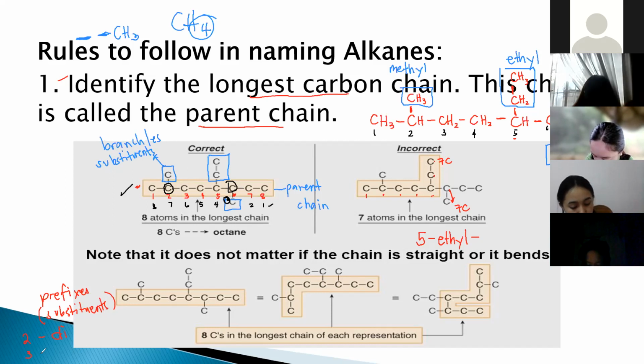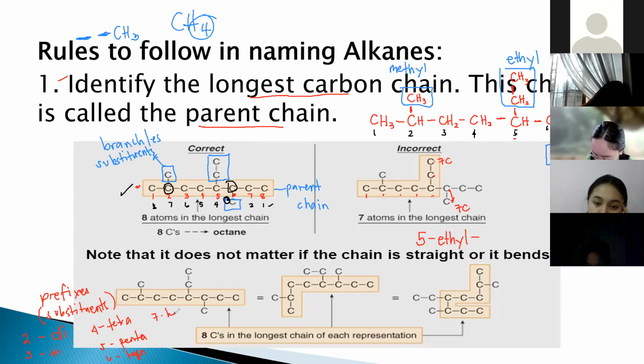Of course, if three, tri; if four, tetra; if five, penta; hexa, hepta, and so on. 6 is hexa, 7 is hepta, 8 is octa, 9 is nona, and 10 is deca. But in this case, we only have 2 methyl, so we will use di.